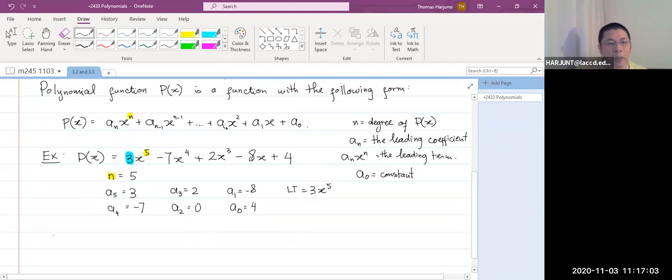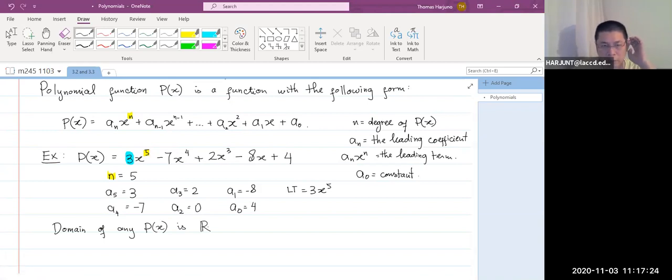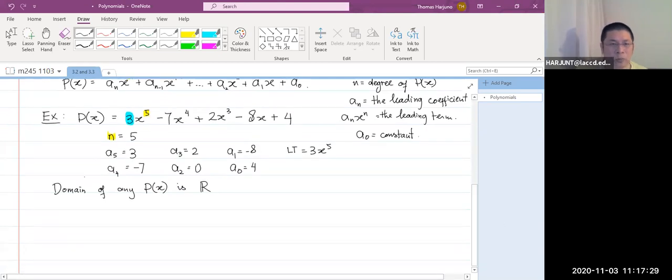Now, the domain of a polynomial, as we have known, is all real numbers, because we can plug in any number into the polynomial and the output is still a real number. In fact, we can say more: the y-intercept of a polynomial is (0, a sub 0).